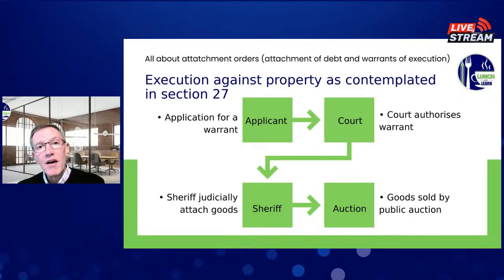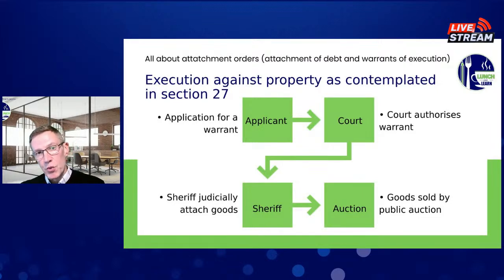After the sheriff has judicially attached those items, in terms of the warrant of execution, that he deems attachable as movable assets, then those goods need to be sold by public auction. And the reason for that is it is an open auction, so anyone can bid on that.